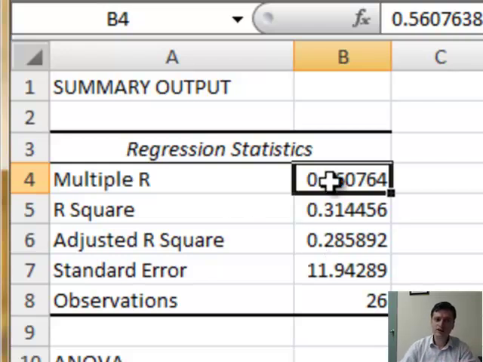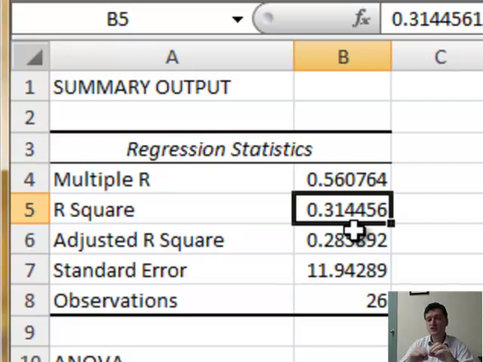R squared is the R squared, and this is actually a great way to find out how much of the variation in the dependent variable, the score that we got in the exam, is explained by the hours of study. There may be other factors, right, that explain the score. For example, how smart the student is. But also the hours explain this much of the variation in the score of the exam.